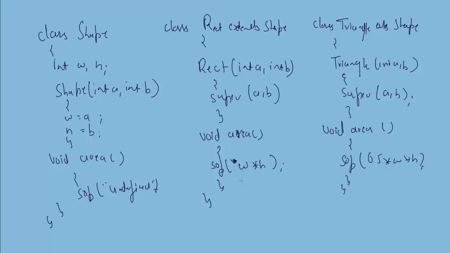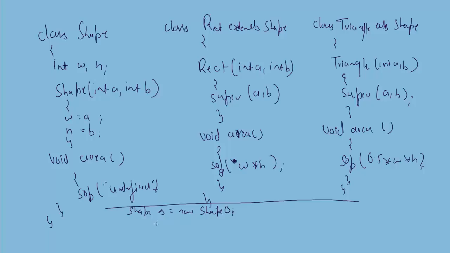So now, when I say shape S is equal to new shape, there's no point in doing that at all, right? And if I say shape dot area, it is going to give me undefined.